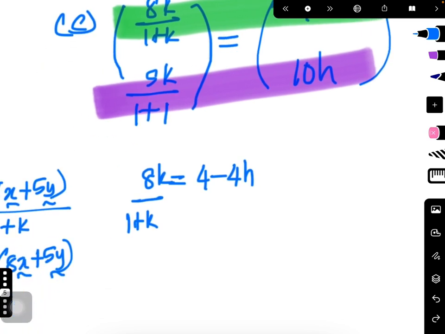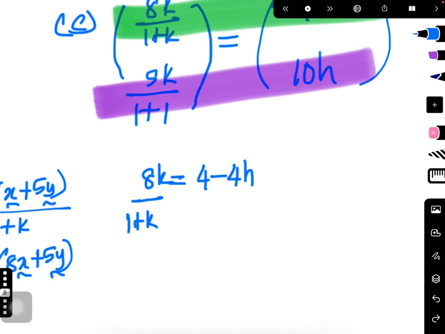Okay, how can I find this? We can find the value of h first. How can we find h? What is h actually?